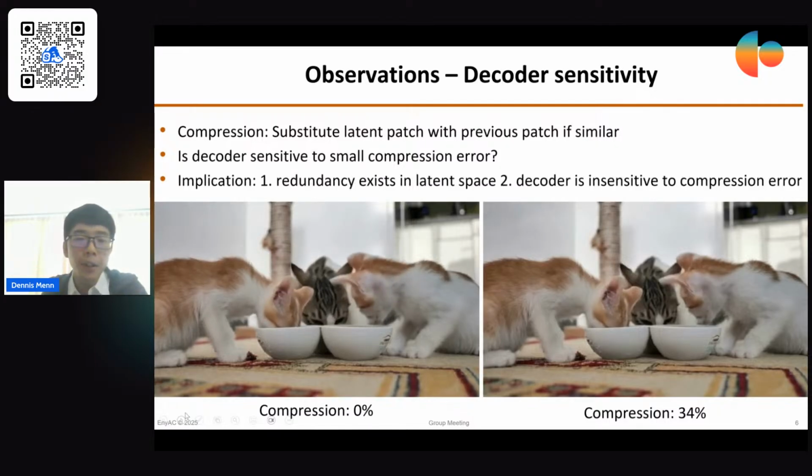Combining the experimental results from those two observations, the implications are: first, redundancy indeed exists in the latent space, and second, the decoder is insensitive to compression error.